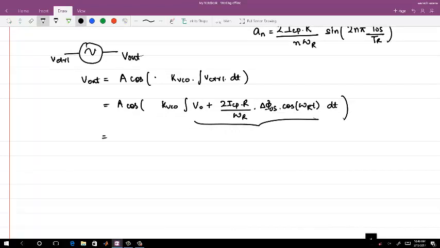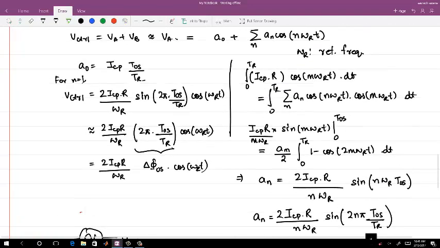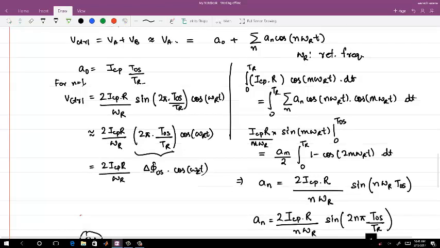Now, let's say this part only gives you the free running frequency or the locked frequency. What happens due to the other one? It is cosine of omega naught t plus 2 ICP R by omega R into delta phi offset times KVCO into cosine of omega R t dt. Let me see if everything is fine.